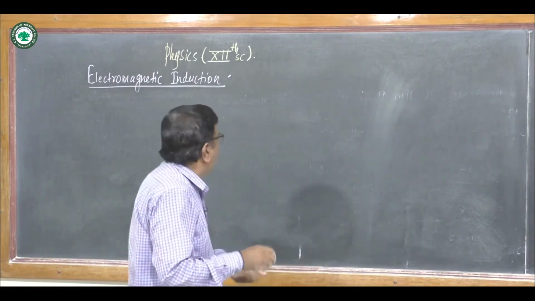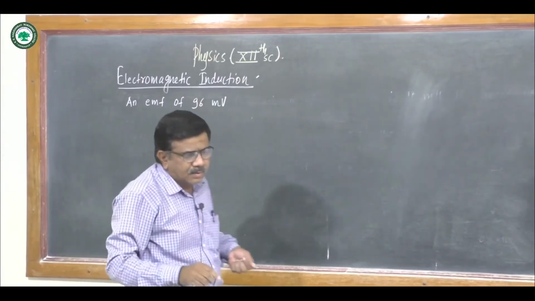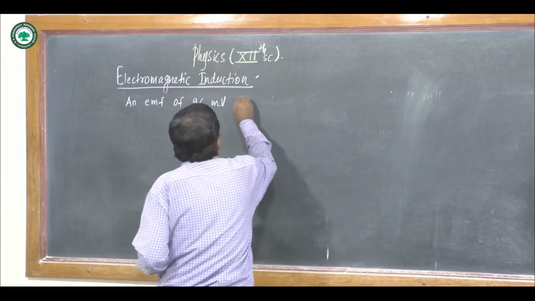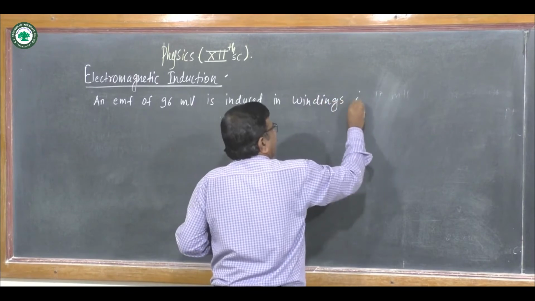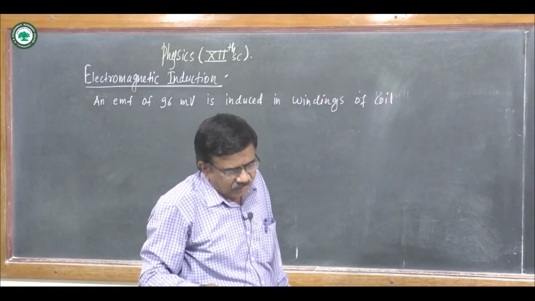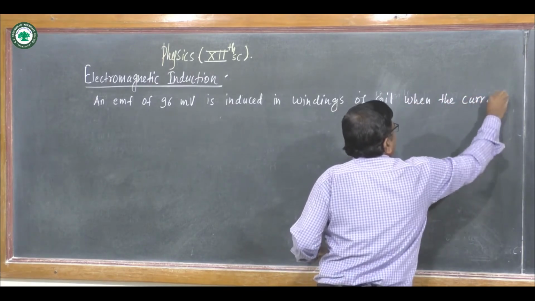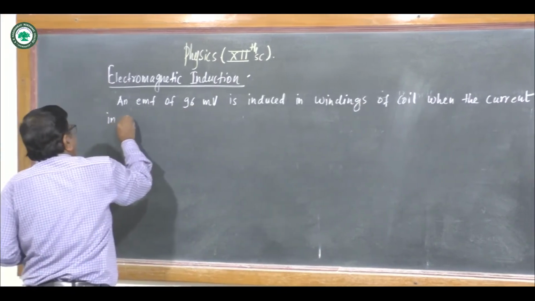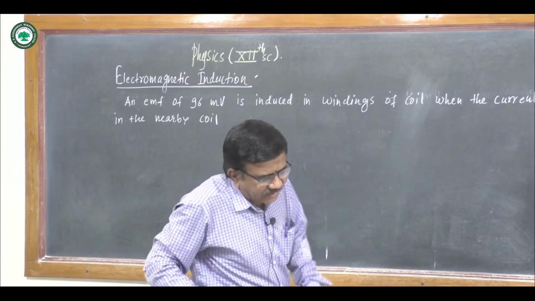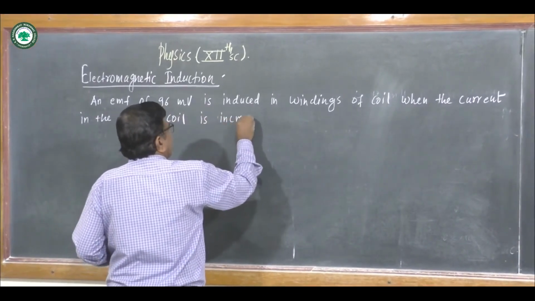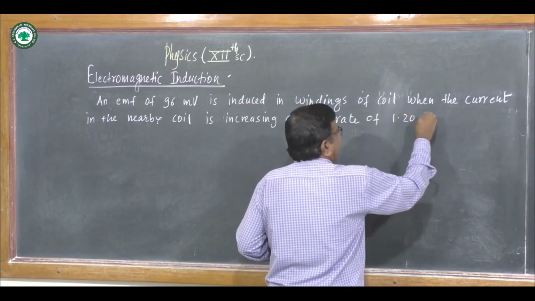An EMF of 96 millivolt is induced in the windings of a coil when the current in the nearby coil is increasing at the rate of 1.20 ampere per second.